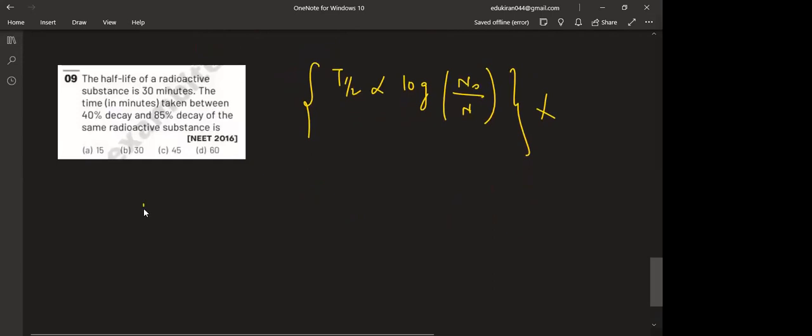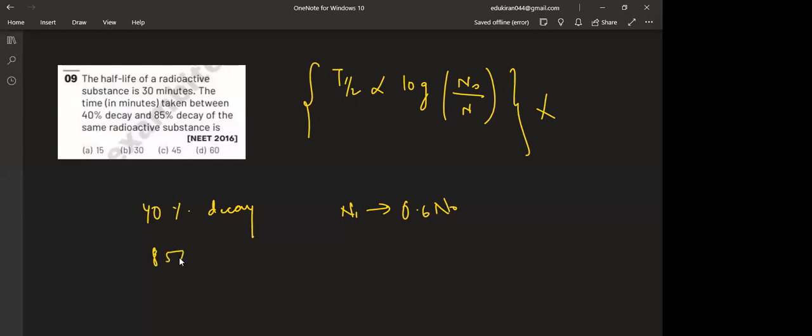So if it is saying 40% decay has occurred, how much will be left? 60%. So N1 will become 0.6 of N₀, 60% of initial. And if it is saying 85% decay has occurred, then N2 will become 15% left, so 0.15 N₀.